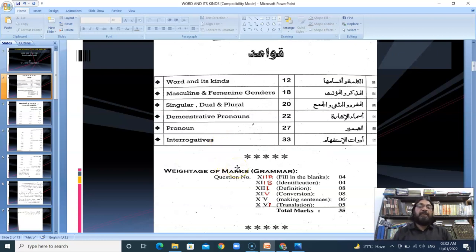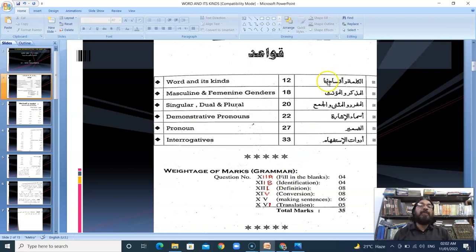Weightage of the marks from the grammar section. All the bits are mentioned here. Grammar section is going to begin from bit number 12. Bit number 12 has two parts, A and B. In A section, bit number 12, fill in the blanks will be asked from different lessons.